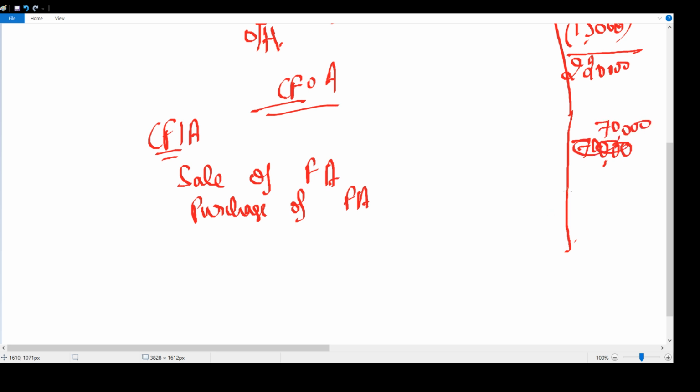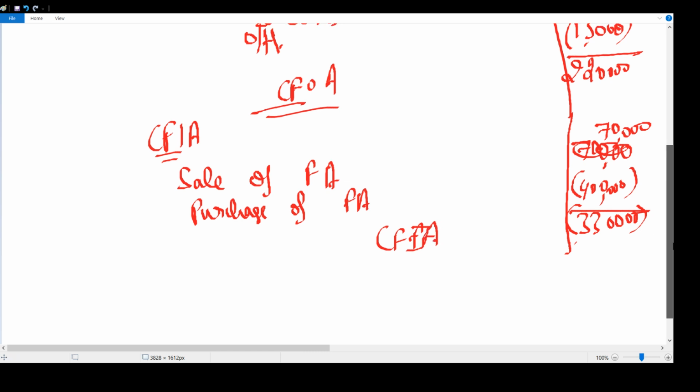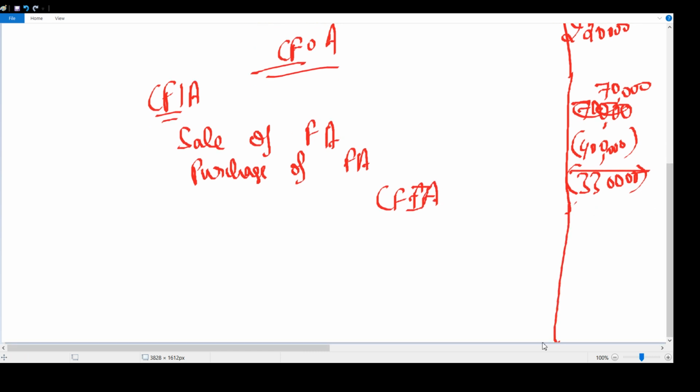Don't get confused. 4 lakh minus 70,000, that is 3 lakh 30,000, will be the cash from investing activities.